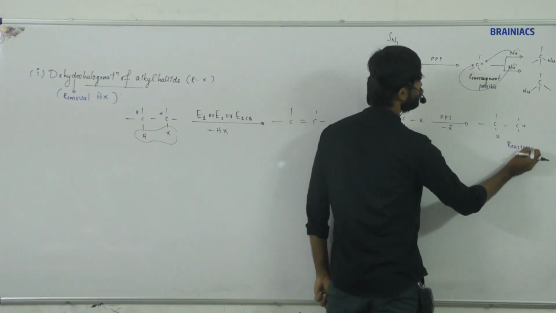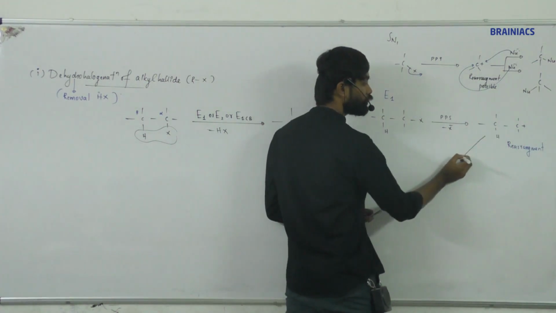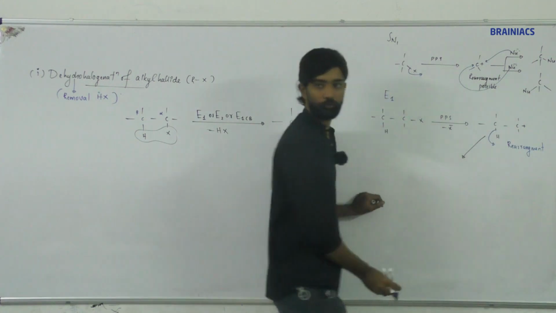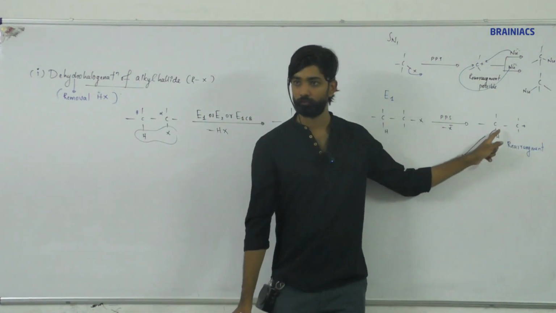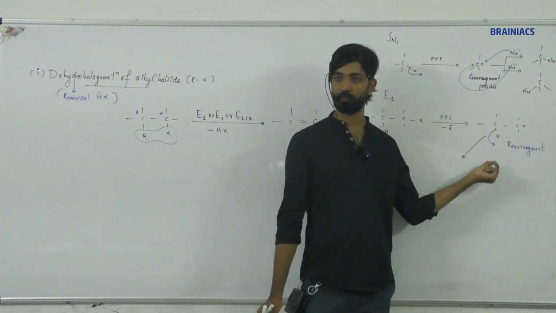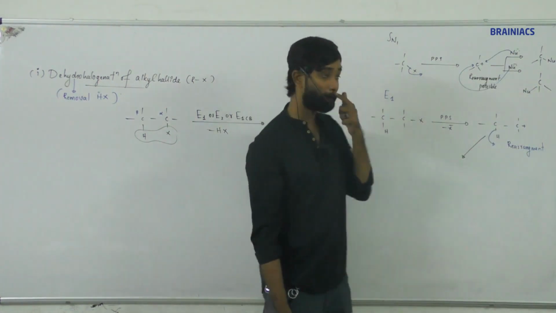So you should know what the rearrangement is. After the rearrangement, there may be an elimination of a proton from the alpha portion of the carbocation, an elimination of H plus. Here it is a substitution, here it is an elimination.